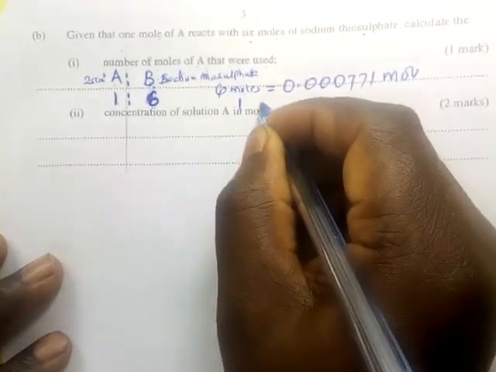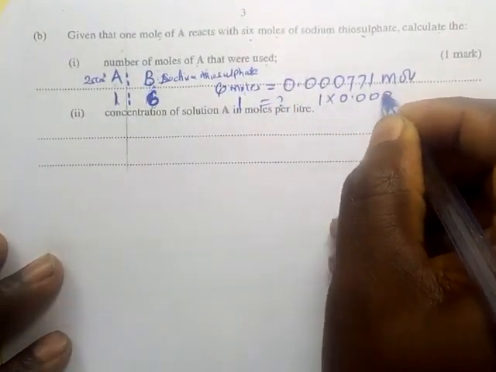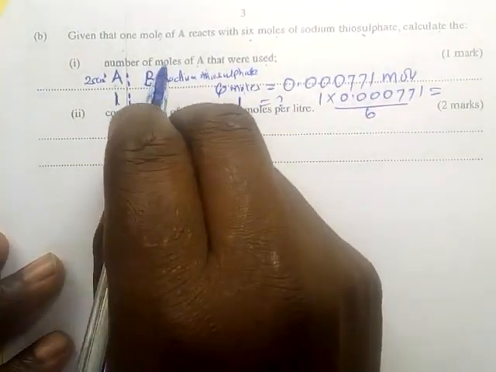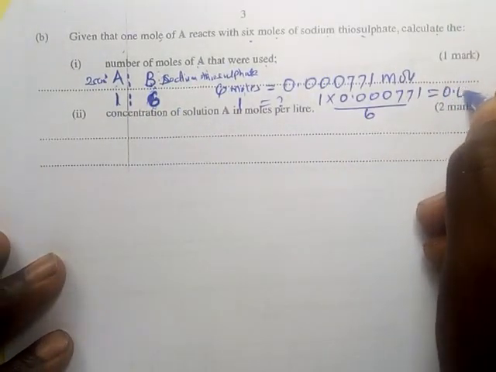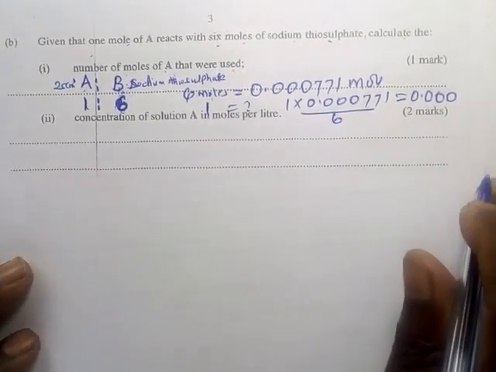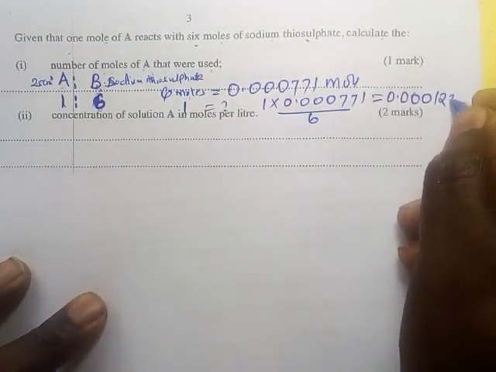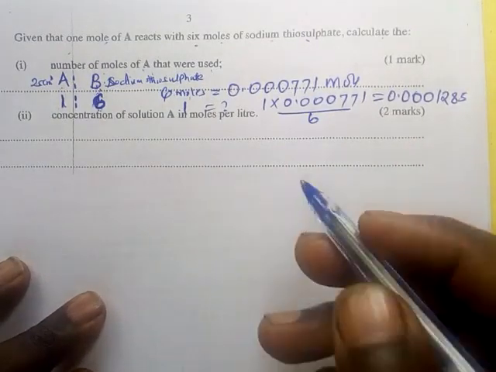What about 1? So it is 1 times 0.000771 divided by 6, and this is the number of moles of A, which is equal to 0.0001285. That is the number of moles of A.